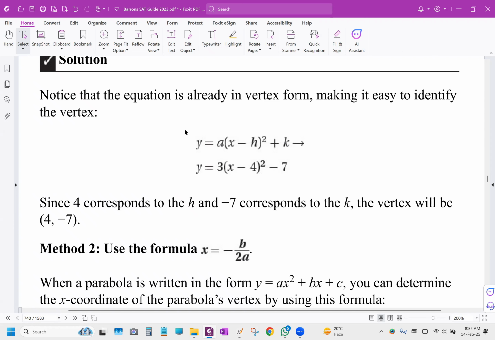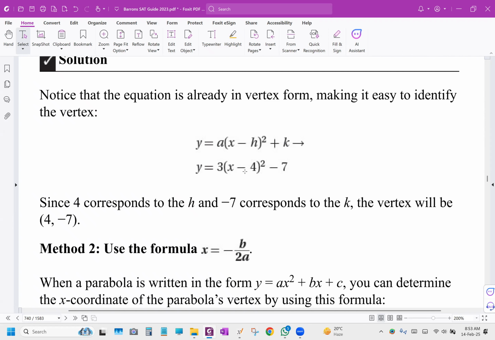And you can automatically find the center or the vertex or whatever it is by just looking at the equation. So y equals a(x minus h) whole square plus k. I told you that the vertex is (h, k), right? So 4 is the corresponding value of h, and negative 7 is the corresponding value of k.